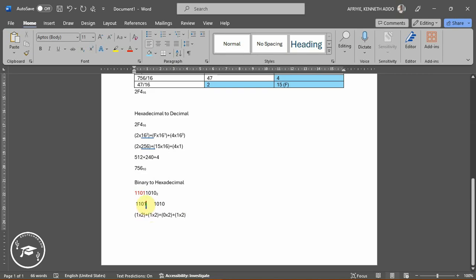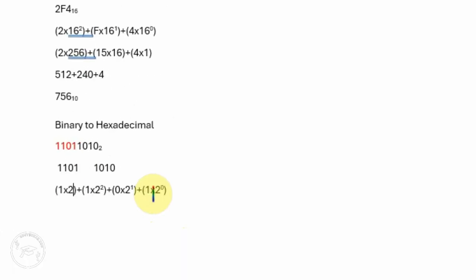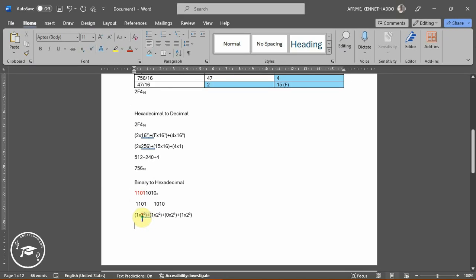Great, that is for the first one. So as usual, we put our 0 here, put our 1 here, put our 2 here, we put our 3 here. Great. So we are just going to quickly jump into it because we've already gone through the steps.